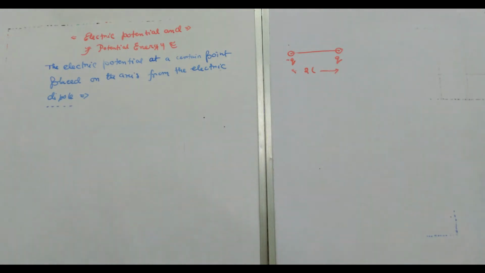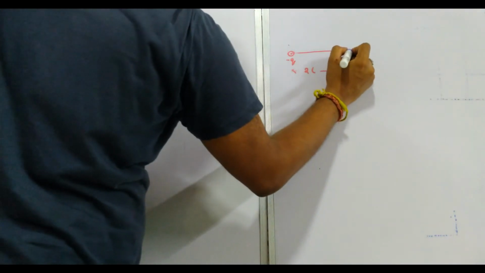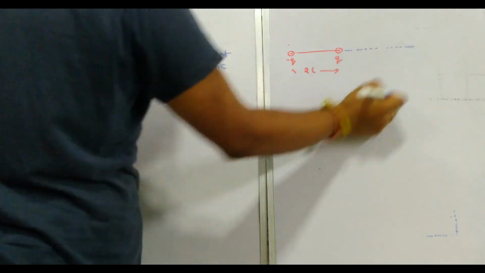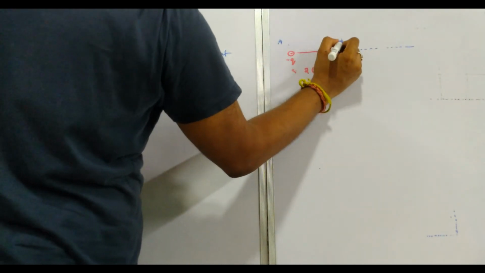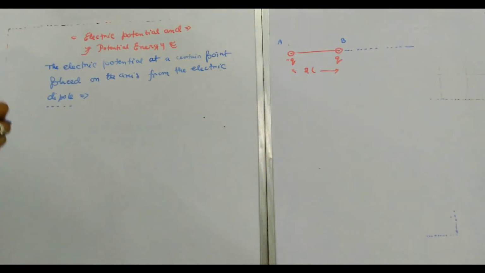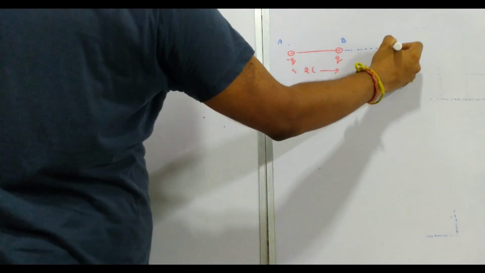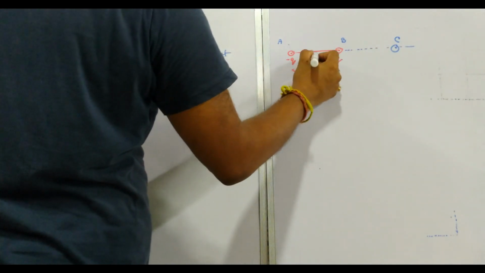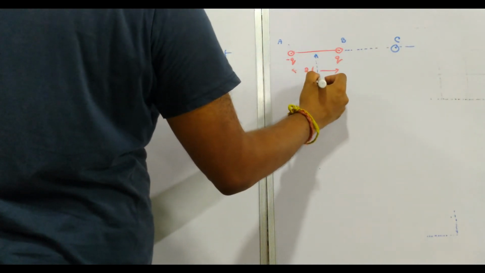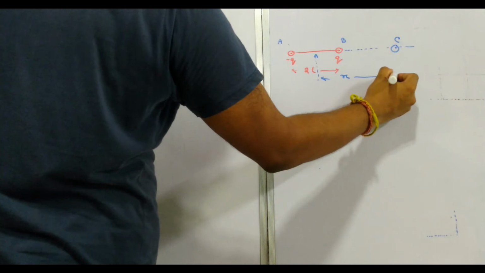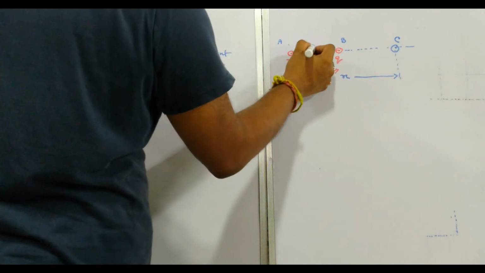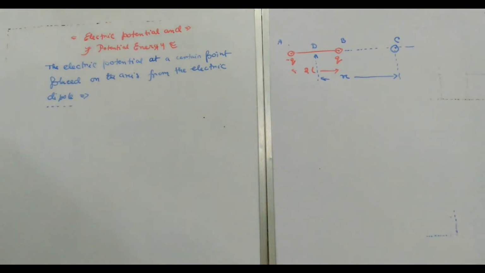Now, if we consider the axis, then the axis will be denoted in this way, and imagine there are 2 points where minus Q has been placed, that has been termed A, and where plus Q has been placed, that has been termed B. And we are thinking for the C point which is at x distance from the midpoint of the dipole. Clear?